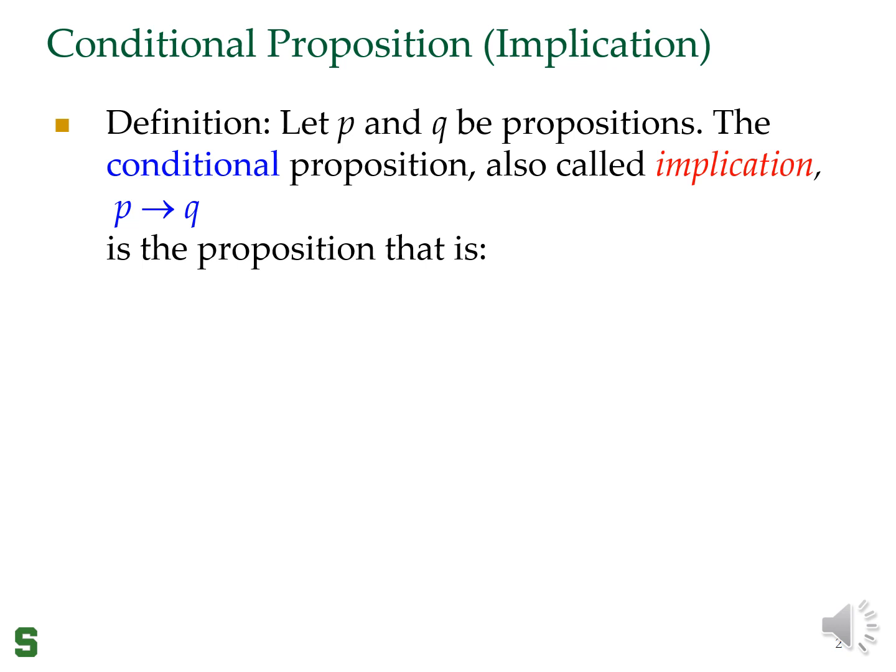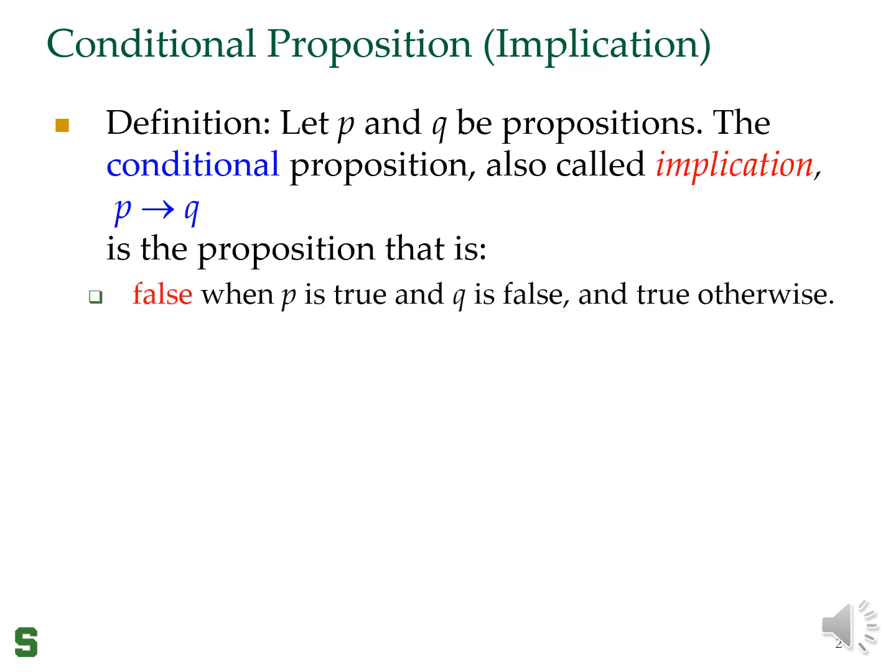Okay, so what is a conditional proposition or an implication? Here again we have two propositions P and Q. We can combine them by P implies Q, or we write it as P arrow Q. This is a proposition that basically is saying if P is true, then I want Q to be true.